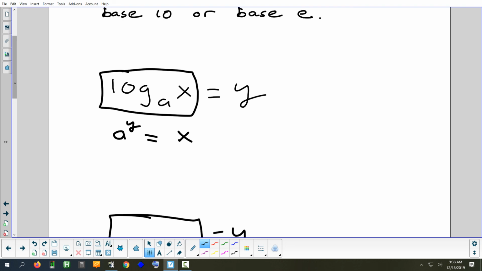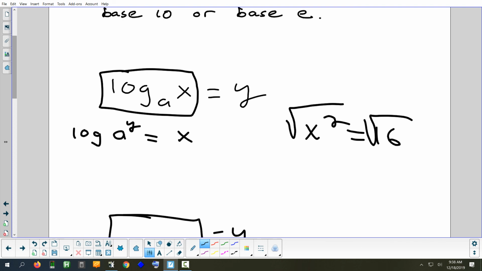So, just like if you had this, you are allowed to use the square root function as long as you do it on both sides. Square root, that's fine. Well, you are allowed to use any function as long as you do it on both sides. So, let's do that here. Let's log what's on the left, and then we're going to log what is on the right.